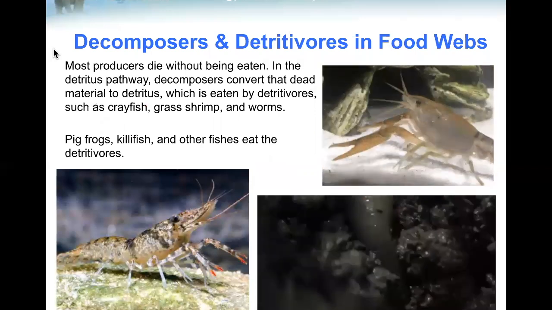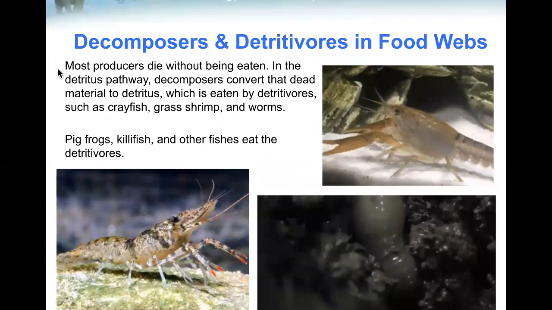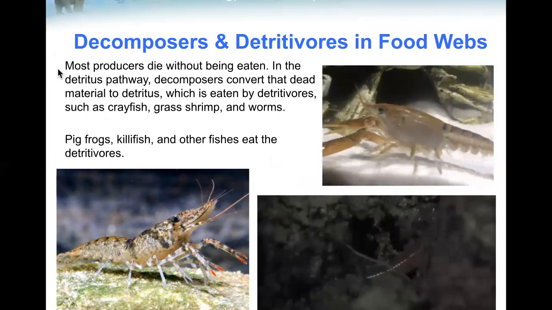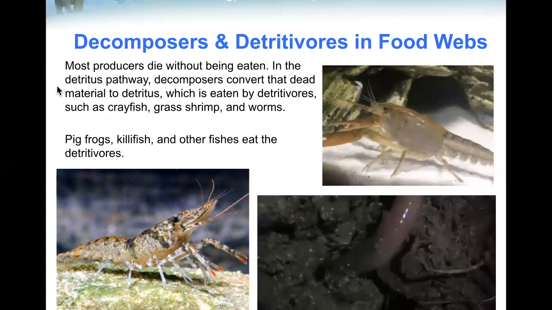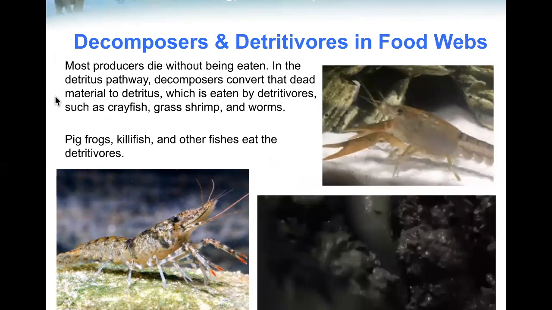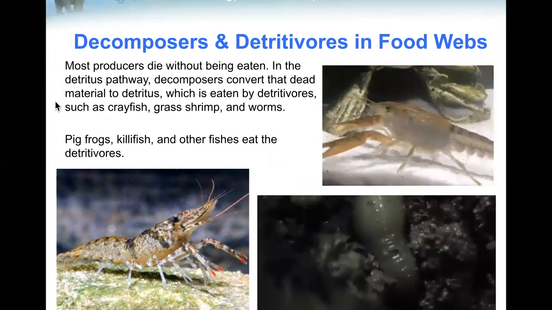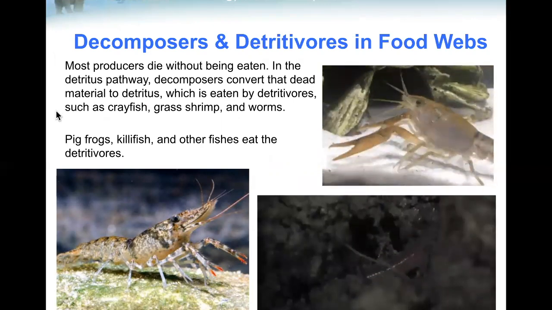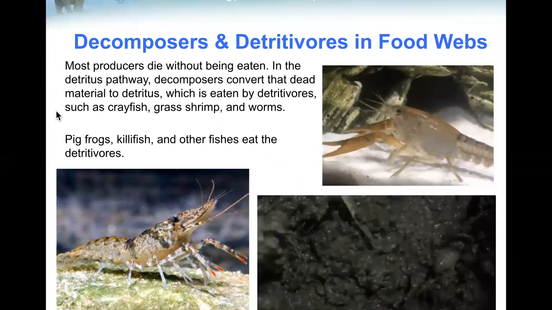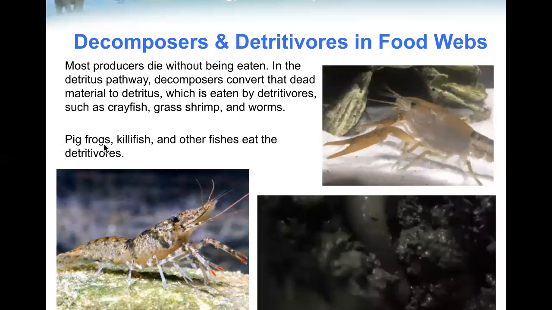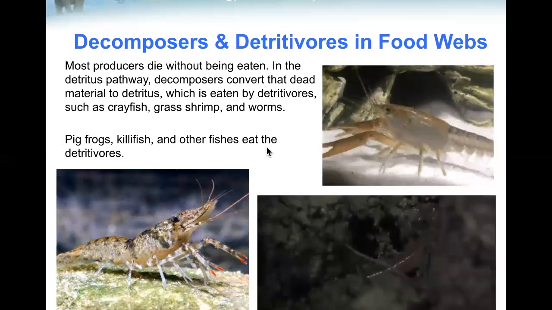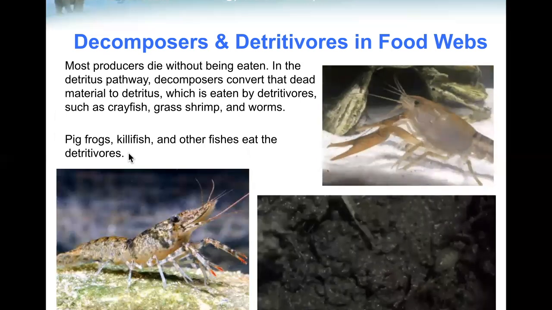Decomposers and detritivores in food webs. Most producers die without being eaten. In the detritus pathway, decomposers convert their dead material to detritus, which is eaten by detritivores such as crayfish, grass shrimp, and worms. Pig frogs kill fish and other fishes eat the detritivores.